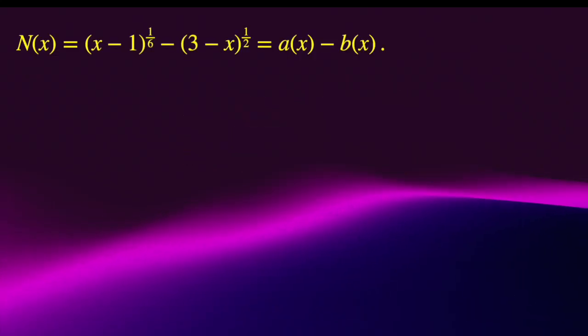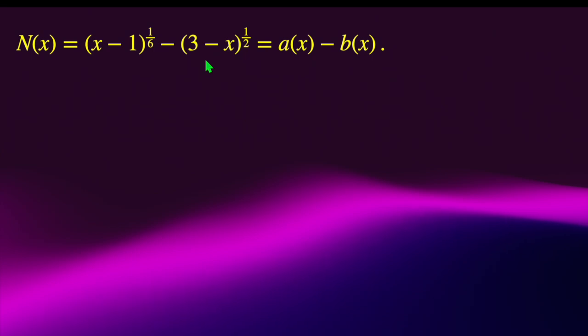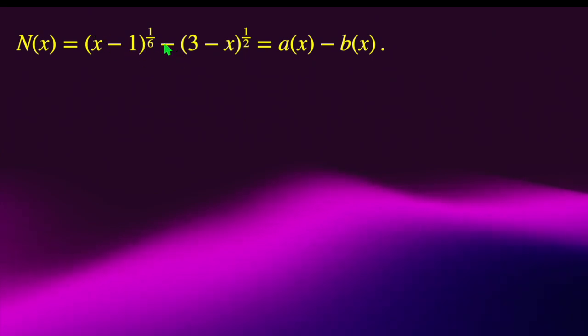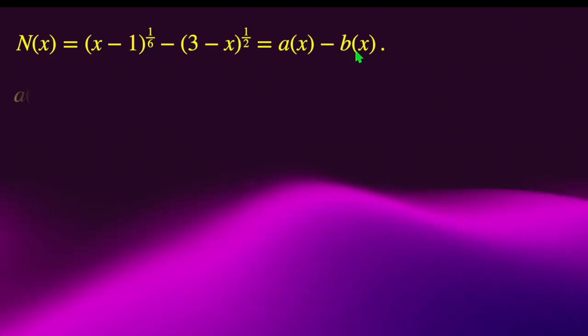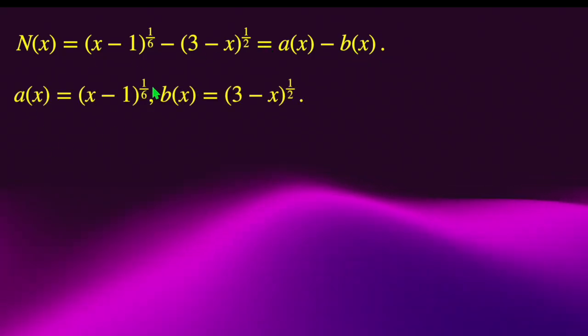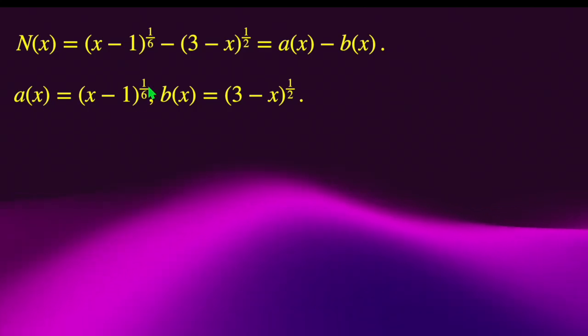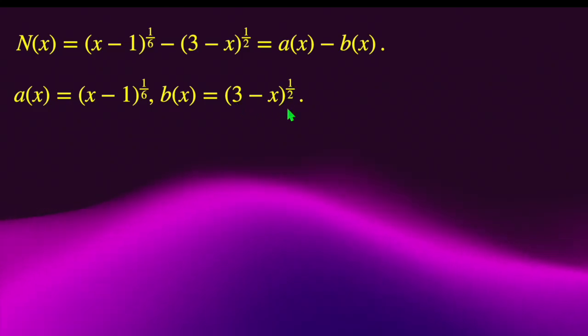Okay, so the numerator is the difference between two quantities, a(x) minus b(x), where a(x) is equal to (x minus 1) power 1 over 6, and b(x) is (3 minus x) power 1 over 2.